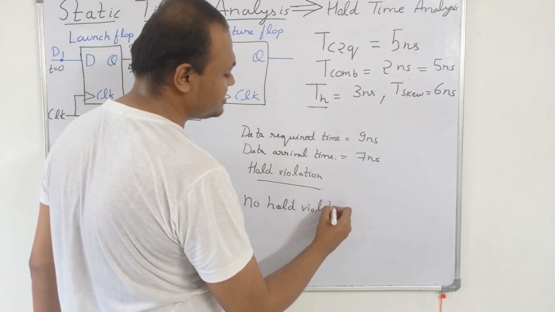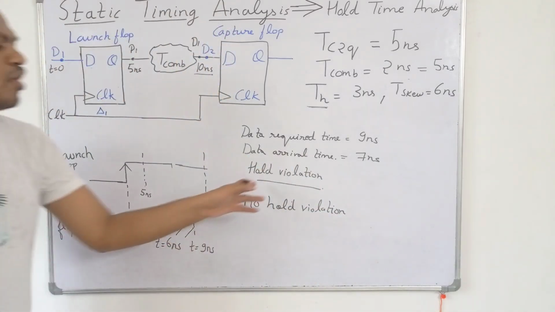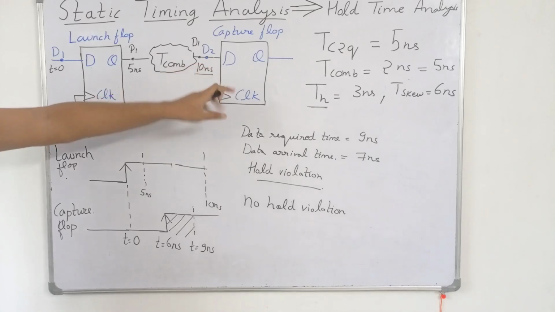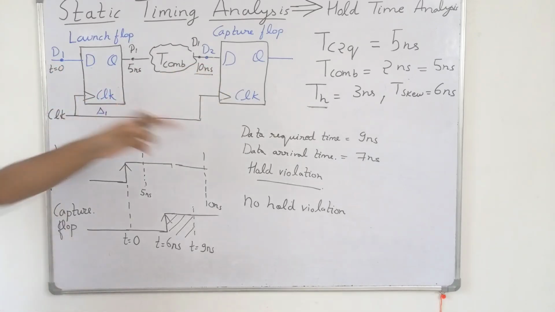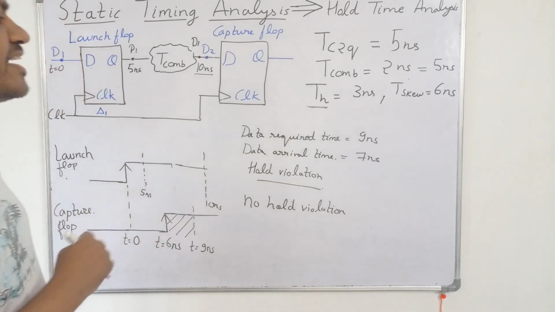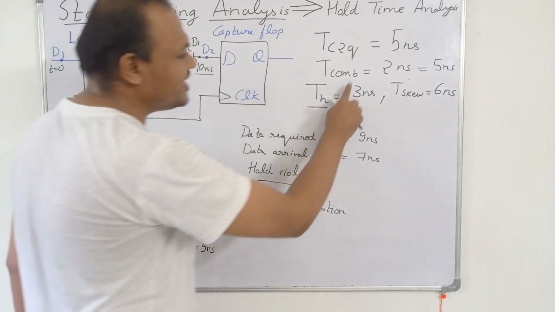So what we did was remove the hold violation by increasing the data path time. This was the first way. What can be the second way? We can reduce the hold time.